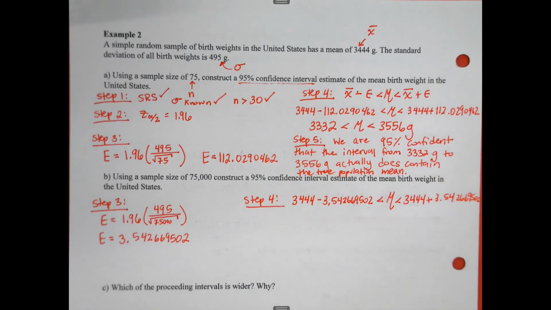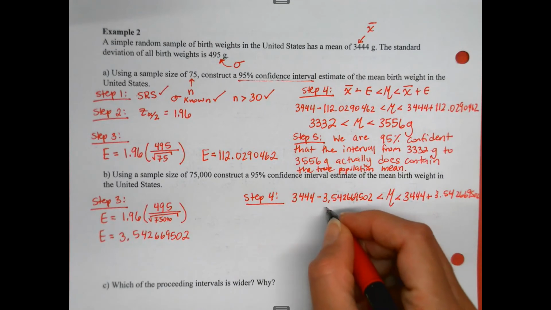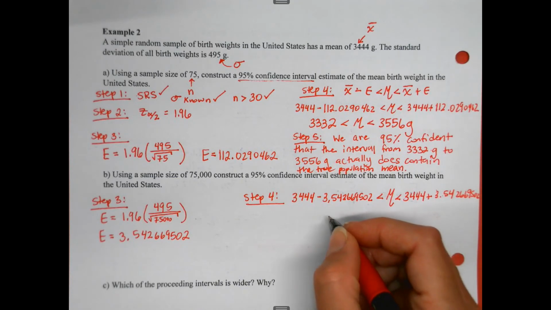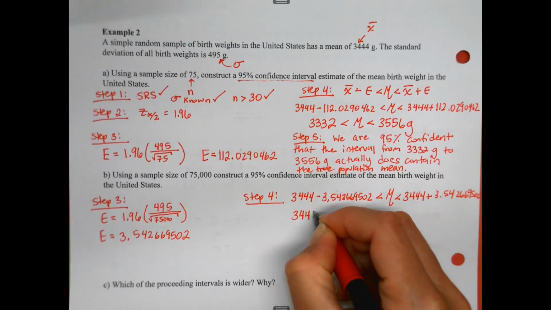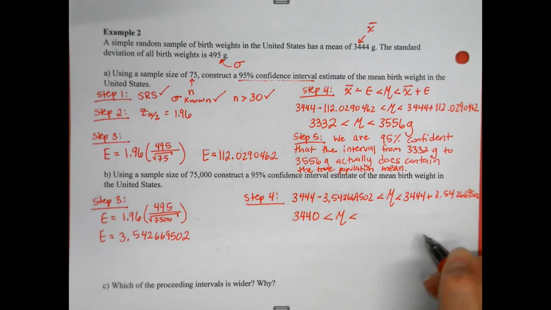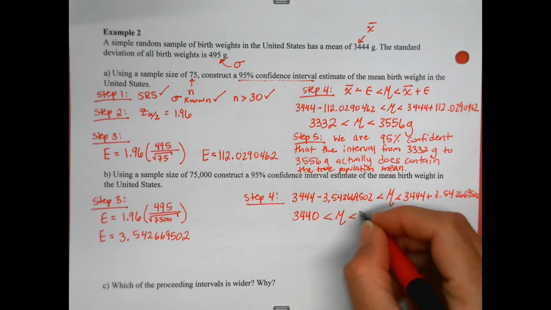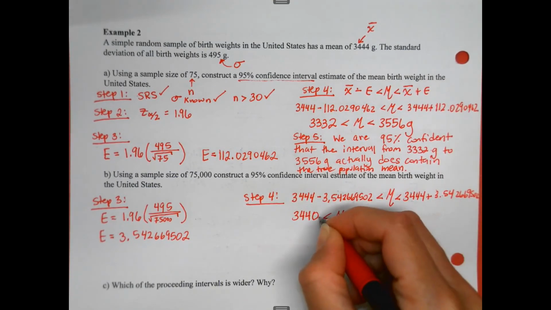We don't necessarily need all of the decimal points at this point, but it's good to use actual values and not rounded values. So when we subtract, we end up with 3,440. I rounded to the nearest whole number. And then when I added, I got 3,448. And these are grams.